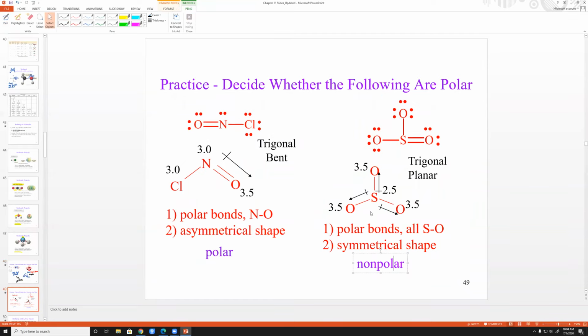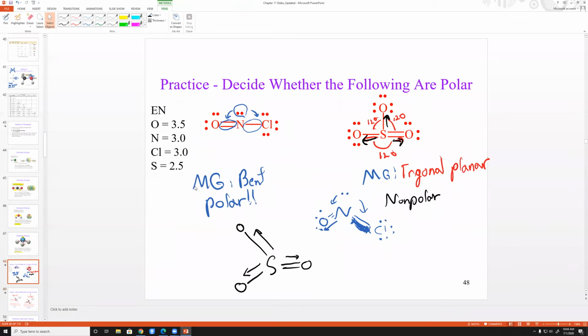I have a quick question. Yes. Can you reiterate how you went from the shapes to polar and non-polar? Yes, because the shapes tell us the symmetry. If there is perfect symmetry, which there is in this SO3 molecule, and the atoms are the same, meaning oxygen, oxygen, oxygen, the bonds are the same, then it will be non-polar.